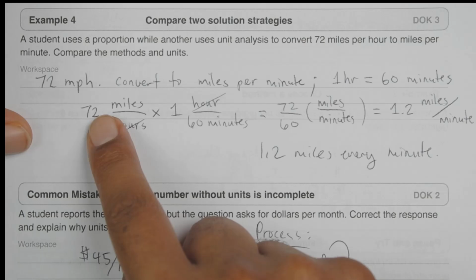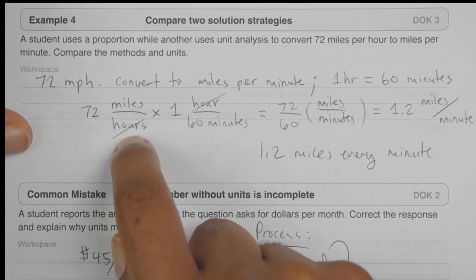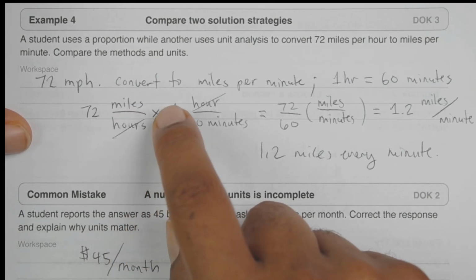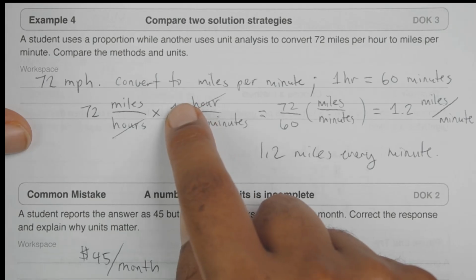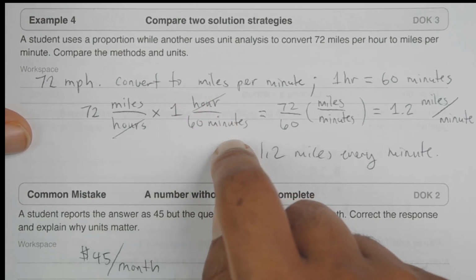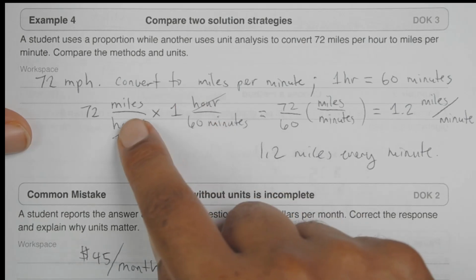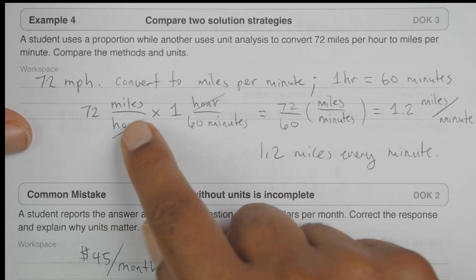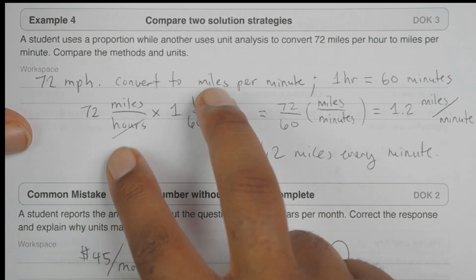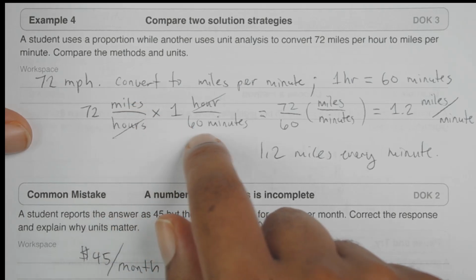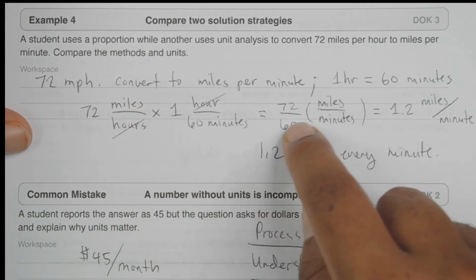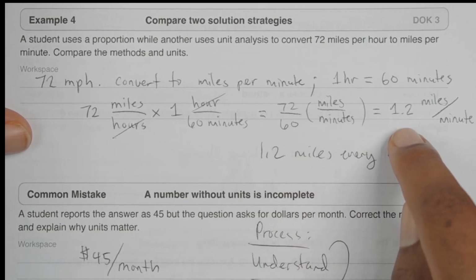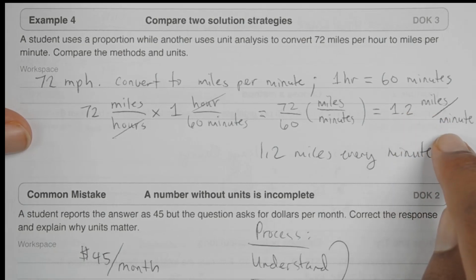So we multiply 72 miles per hour by 1 hour over 60 minutes. Notice how the hours cancel out, because it's 1 hour compared to 1 hour. That leaves us with 72 miles over 60 minutes, which is what we have here: 72 miles divided by 60 minutes. When we divide these two, we end up with 1.2 miles per minute.